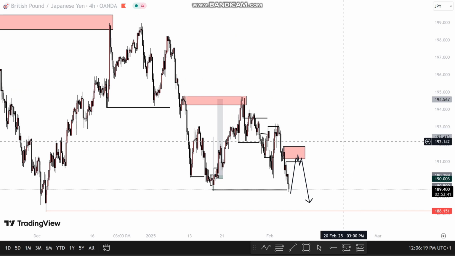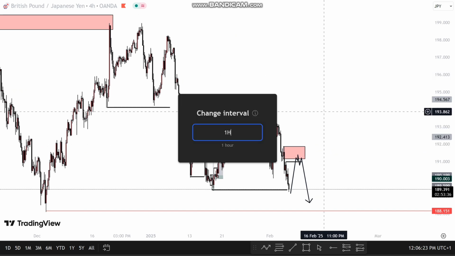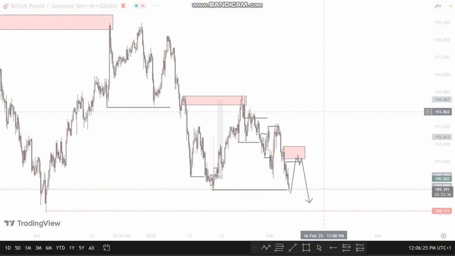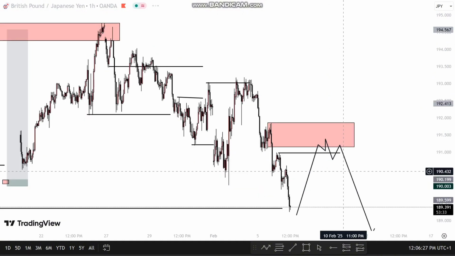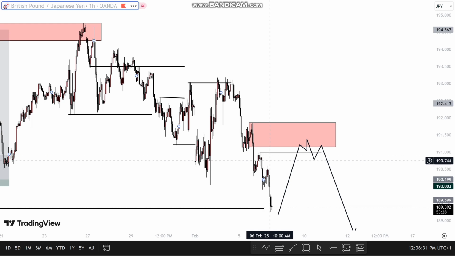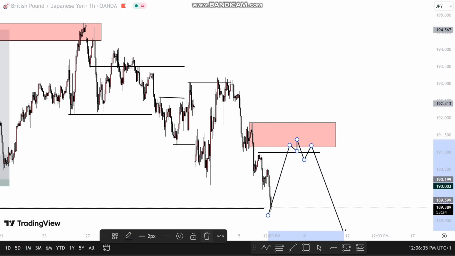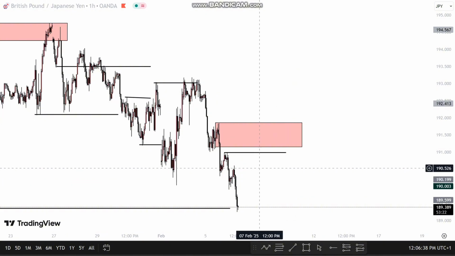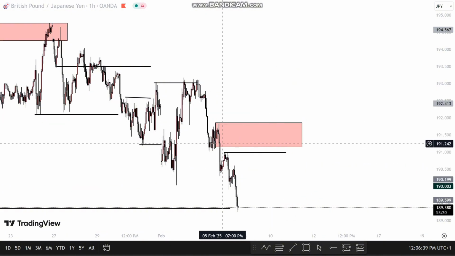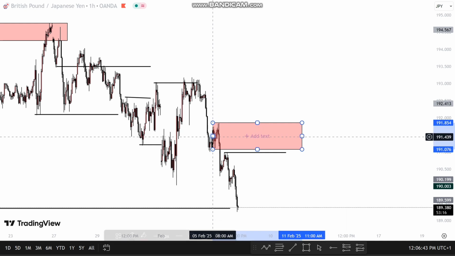So I'm very, very bearish on GJ, and let's see the 1-hour time frame and see what the liquidity looks like on the 1-hour. So on the 1-hour, I just expect price to take out these highs which was formed here. You can see that high formed below that point of interest. This is a very valid area of interest for me to sell as a liquidity trader.